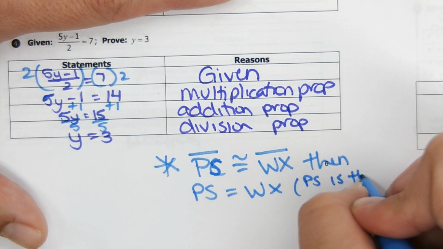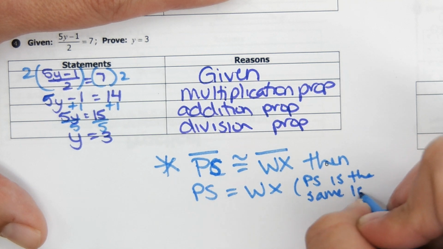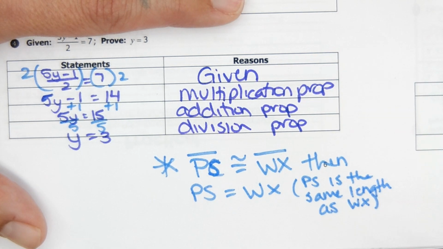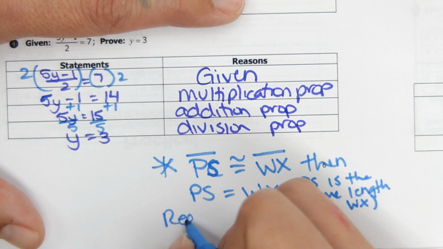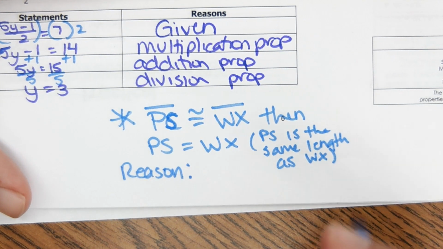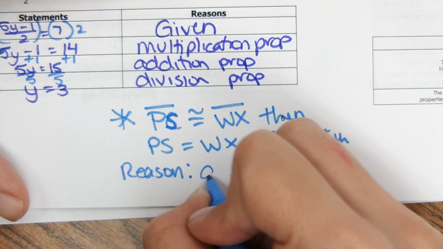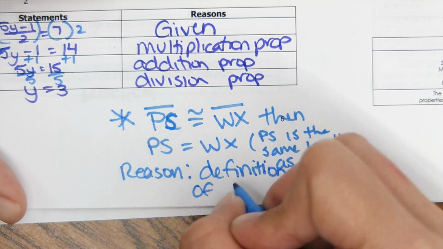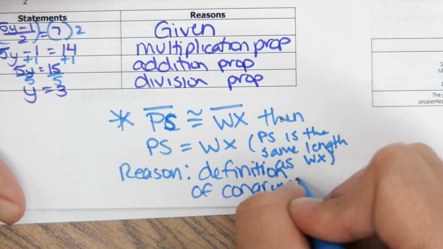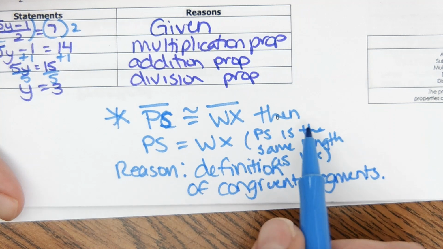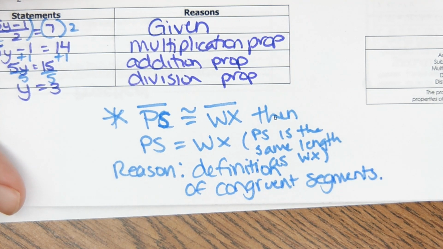The reason that we can say this is because of definition of congruent segments. If they're congruent, then they are the same length.